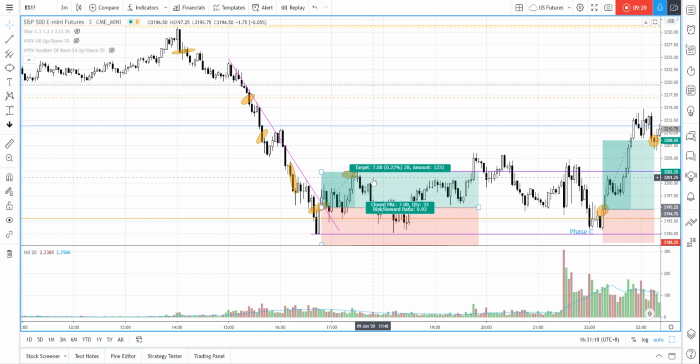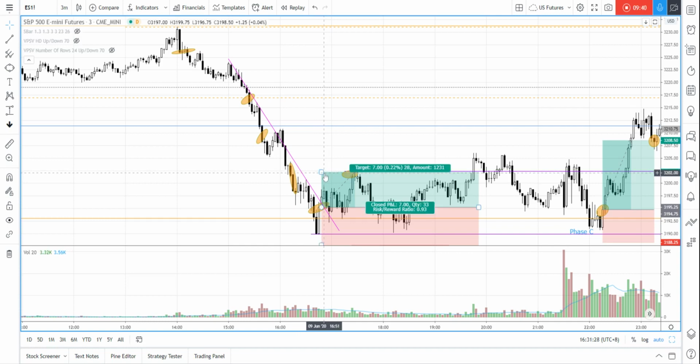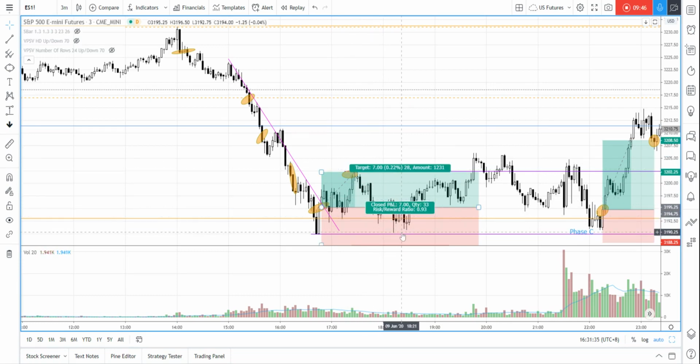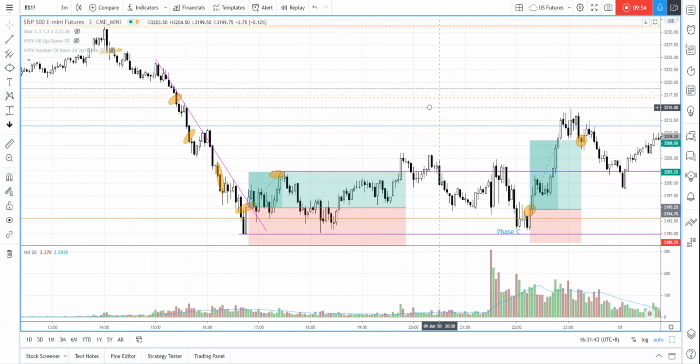Despite it's not much, I think that's slightly less than 1.9 reward to risk, and I think it coincides with the 3200 level as well. Subsequently it bounced from the top to the bottom here, had a test, and eventually had an upthrust.